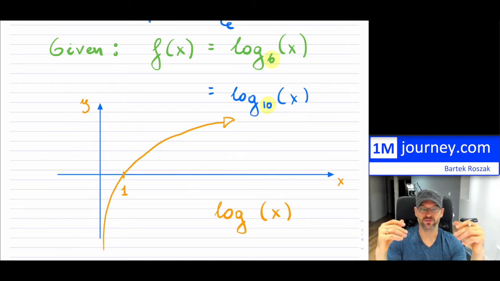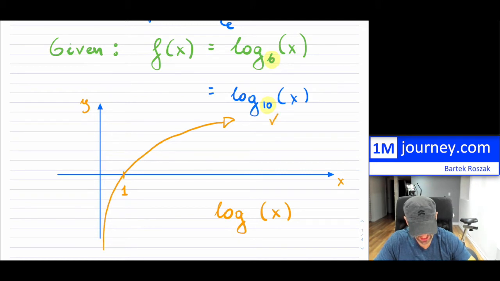It doesn't matter, but I'm not going to be redrawing it for every single base. I will just assume that we're going to take the standard log function with base 10, and then you can extrapolate it to any base. But again, remember, the characteristics and the transformations are going to be identical no matter what that base is.